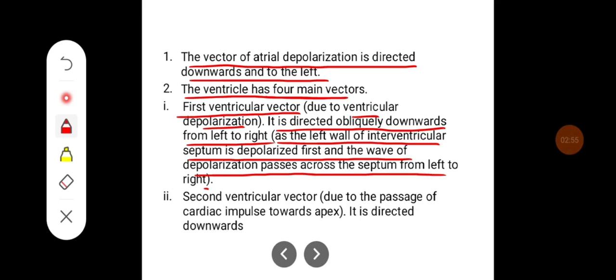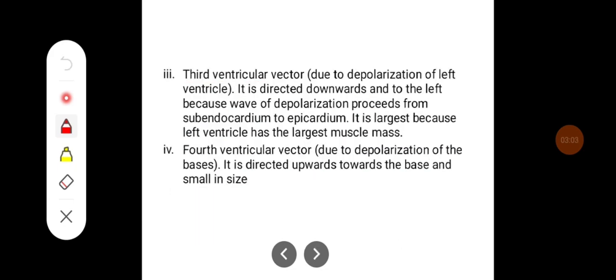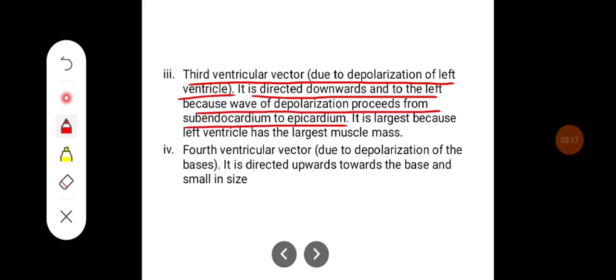The second ventricular vector is because of the passage of the cardiac impulse towards the apex and it is directed downwards. The third ventricular vector is because of the depolarization of the left ventricle and it is directed downwards and left because the wave of depolarization proceeds from subendocardium to epicardium. It is the largest because the left ventricle has the largest muscle mass.